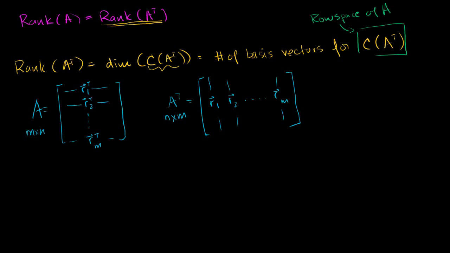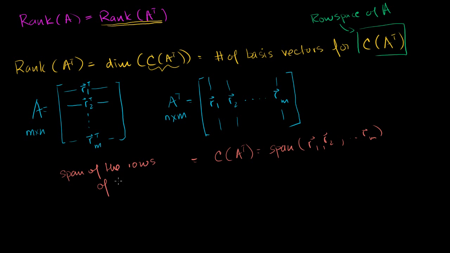And obviously, or maybe not so obviously, the column space of A transpose is equal to the span of R1, R2, all the way to Rm. It's equal to the span of these things, or you could equivalently call it the span of the rows of A, and that's why it's so-called the row space. These two things are equivalent.